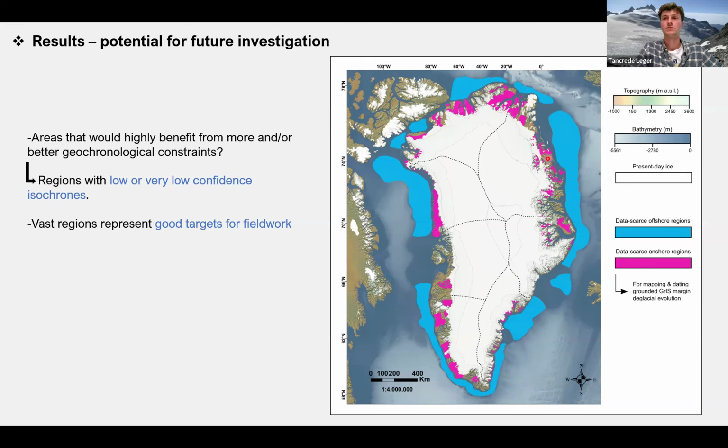And then when it comes to marine terminating, what it requires is teams getting together on big funding, going on cruises and collecting lots of cores deep enough to get to the till and finding some organic materials. There's a bunch of initiatives to do this right now, and this is great.